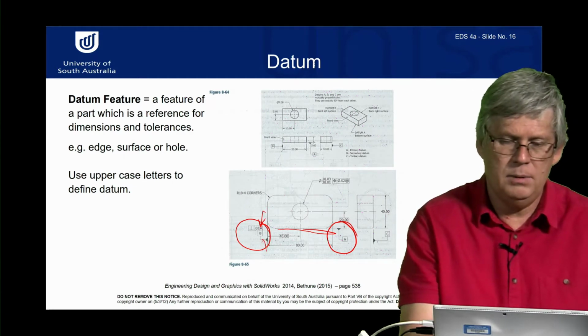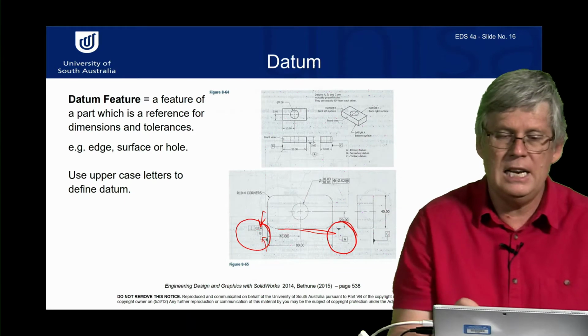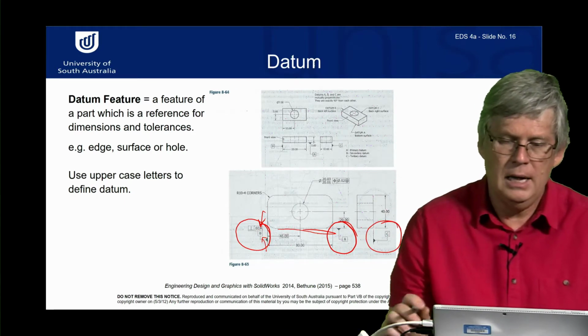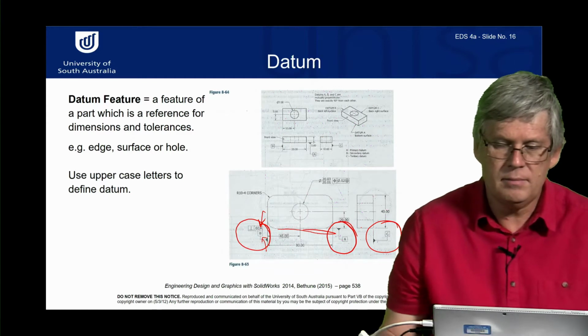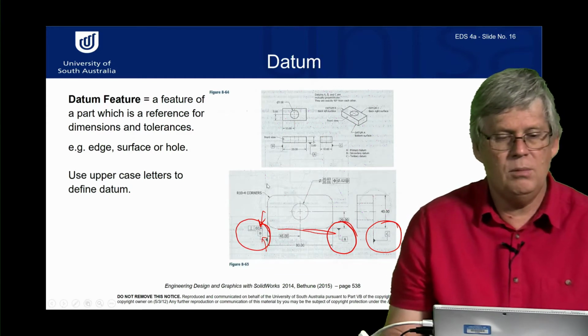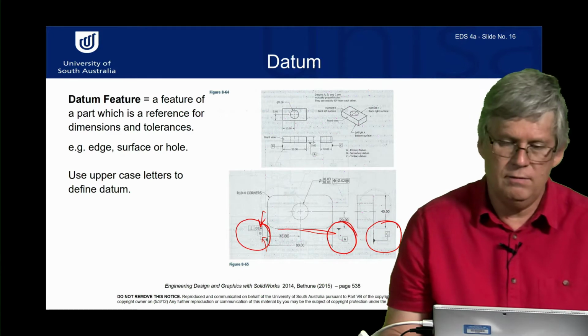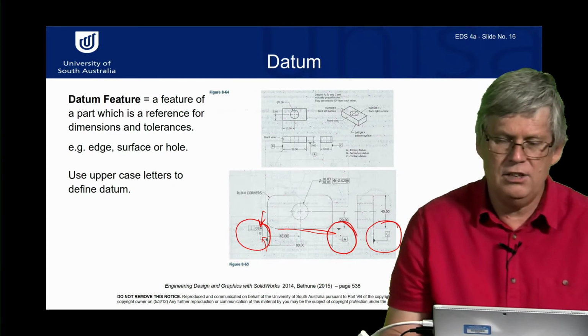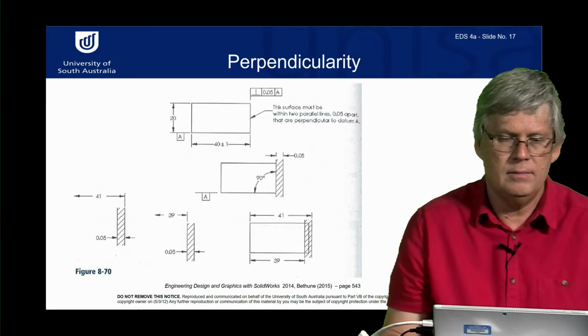It says surface B, or datum B, is perpendicular within 0.2 to A. Here's also another datum, C, that they've shown in here. We use uppercase letters for datum faces, in a square box. And SolidWorks allows you to add them into the drawings.